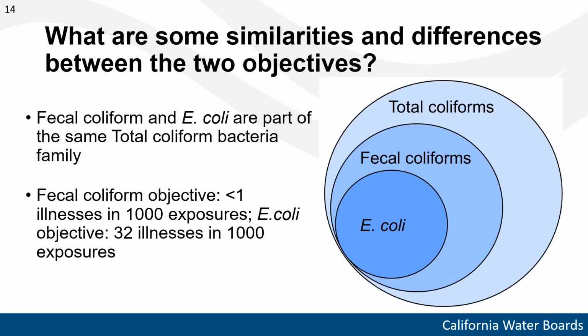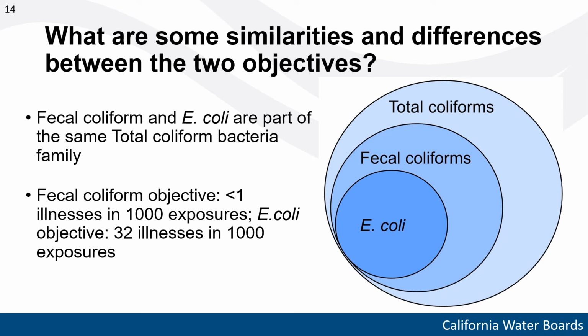As we know, in the Lahontan region, there are two bacteria objectives in effect. But what are the differences between them? Fecal coliform and E. coli are part of the same bacteria family, the coliform group. Coliforms exist throughout nature and are found in many environments. Fecal coliform are a group of coliforms which are linked to the intestines of warm-blooded animals.